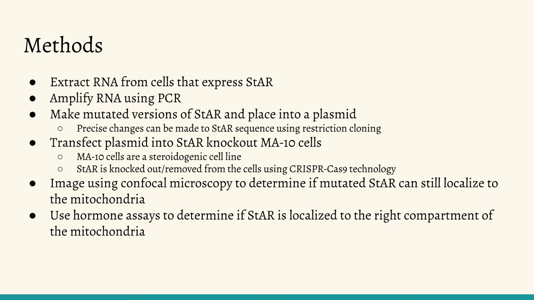Or no, STAR is a certain length, but we're not sure because that length also involves the targeting signals. We're not sure where the targeting signals are, if they even exist. So we're looking at the protein part of it, and we're going to mutate it to chop off parts of the protein to see if it still works and if it still appears in the mitochondria.